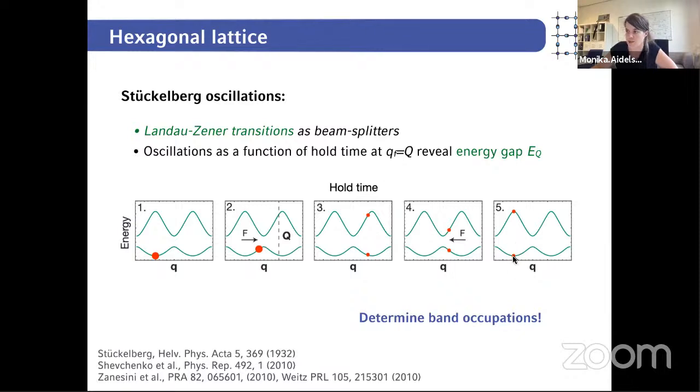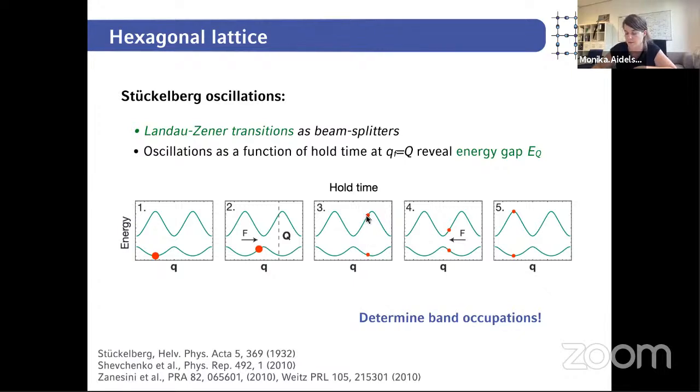And there we can now measure the fraction of atoms in the lowest band, for example, as a function of this hold time that we have introduced at the final quasi-momentum capital Q. And what happens at this point is that because we have this coherent superposition between a fraction of atoms in the lowest band and in the first excited band, they will oscillate as a function of time according to this difference frequency, the difference in energy between the two bands.